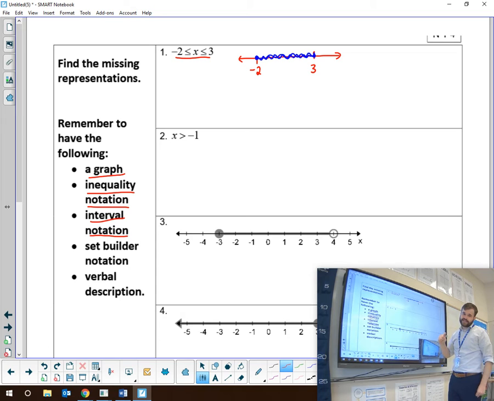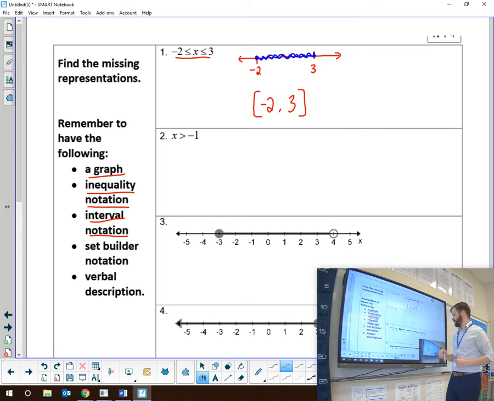So for this case, we have a parameter on this side at negative 2, and we have an endpoint on this side at 3. Now, am I going to use brackets or parentheses for this interval notation? I'm going to use brackets because it's equal to negative 2 and it's equal to 3. So there's my interval notation for this one.